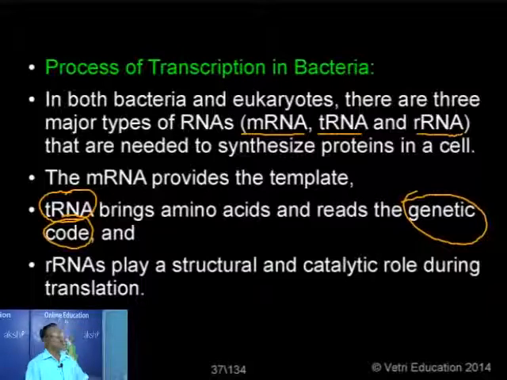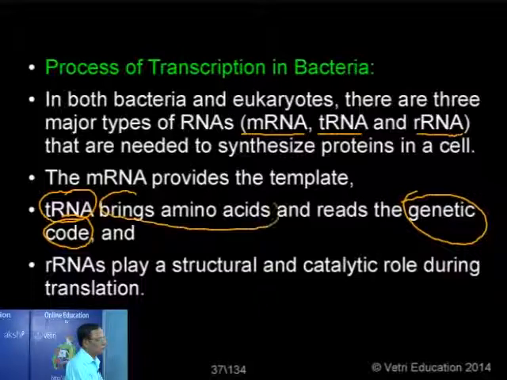So the tRNA normally, according to the message present in the mRNA, reads the message, and accordingly it selects amino acids from the cytoplasm and brings them to the site of protein synthesis. So mRNA provides a template, that means it contains a message after it has been transcribed.